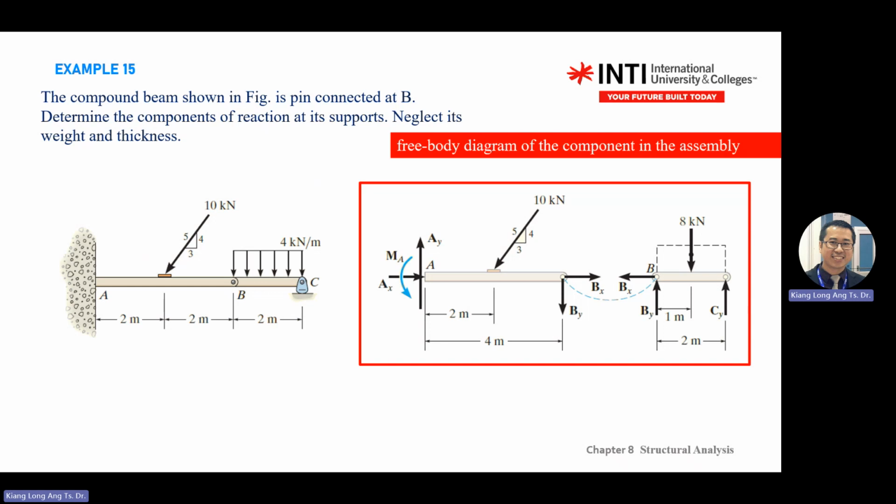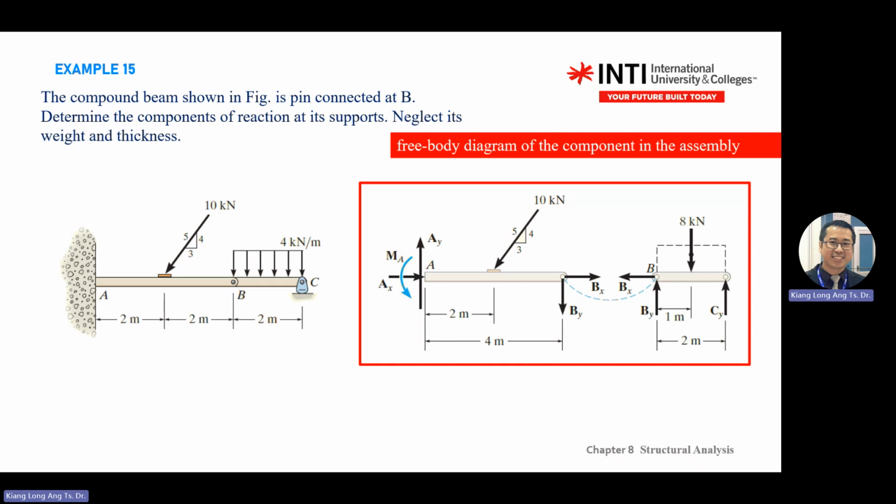So for example, you start from CY. Change the distributed load into focus load. When you draw the free body diagram, change the distributed load into focus load.